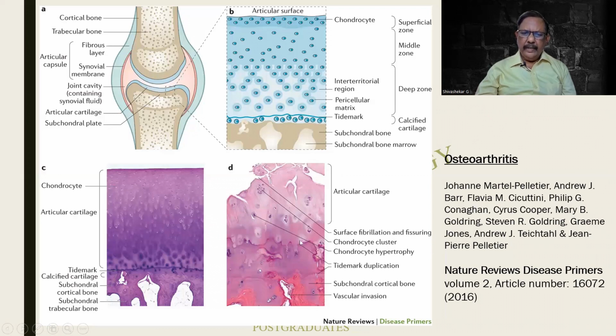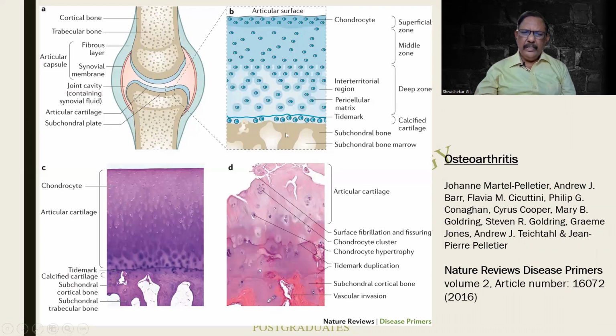The tide mark undergoes a duplication, just like the duplication of the elastic membrane in a case of atherosclerosis. So I find that it becomes thickened. There is a duplication. There is a subchondral cortical bone that is also getting damaged at one end and also proliferating. Also, there is a vascular invasion leading to complications such as hematoma, hemarthrosis, and so on.